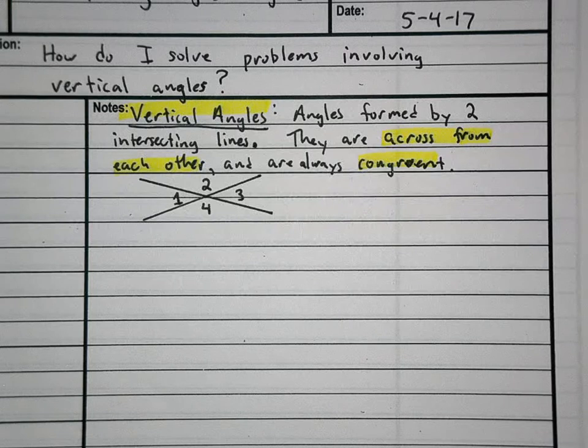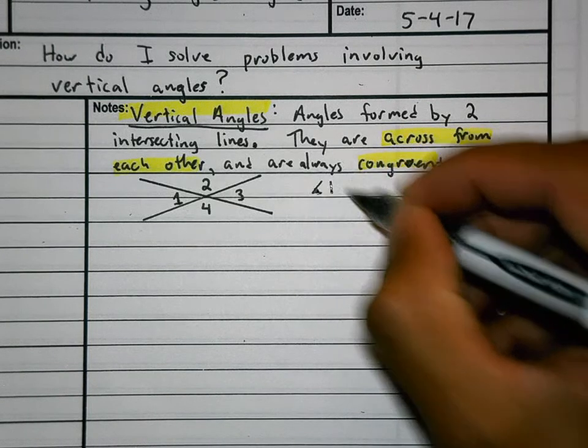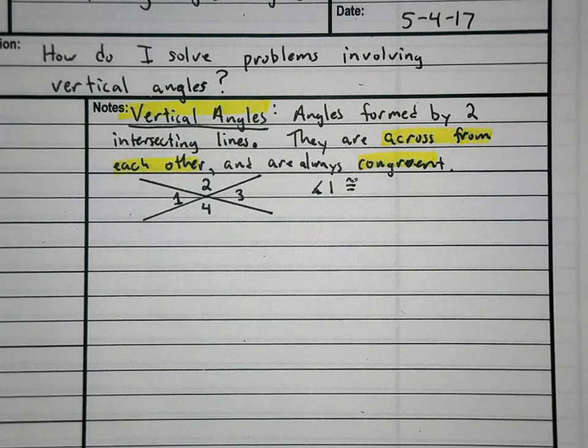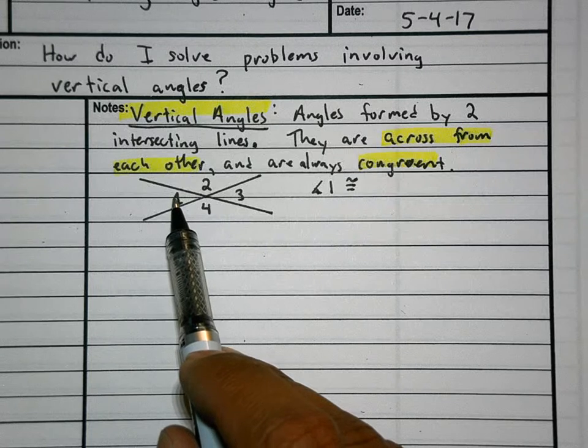Right now, there are two pairs of vertical angles. Angle 1 is a vertical angle with the one that is across from it, the one that is on the other side.